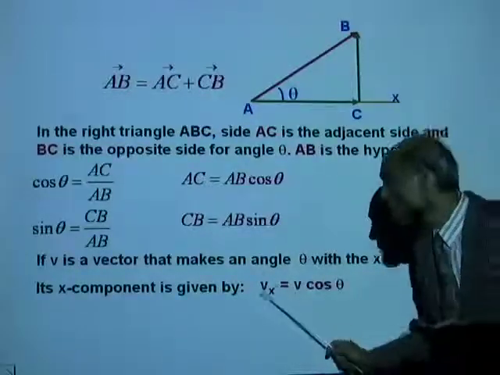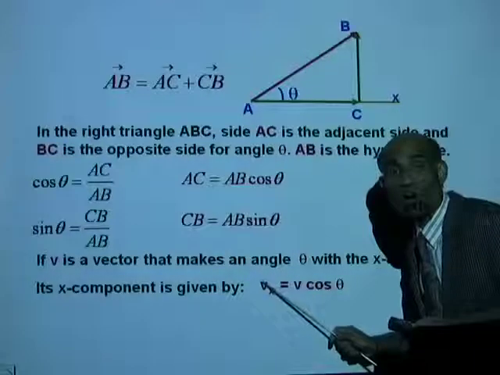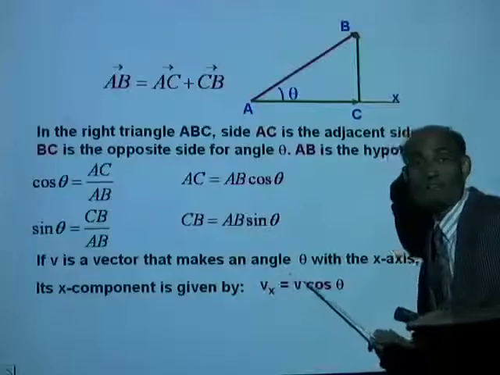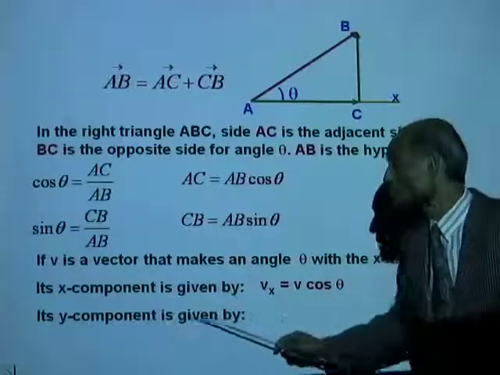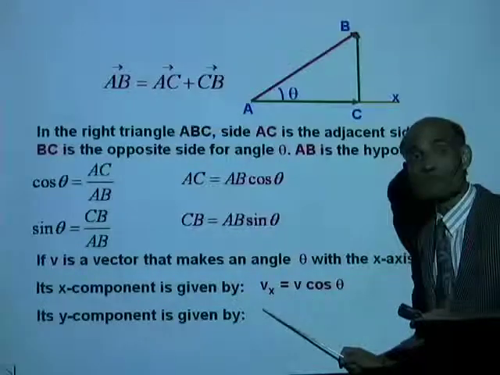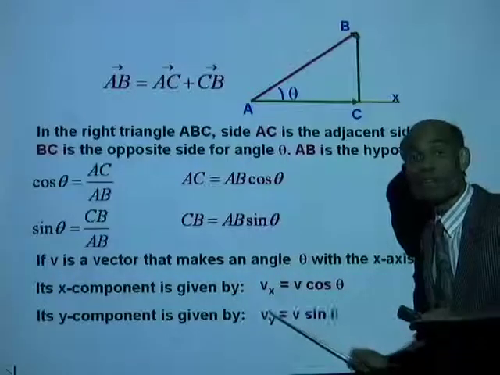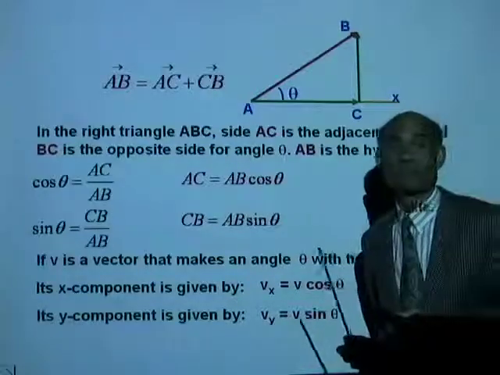What does V sub x stand for? The x component of vector V equal to V cos theta, and the y component of the vector is given by, how will I write it? It will be V sub y equal to V sine theta.